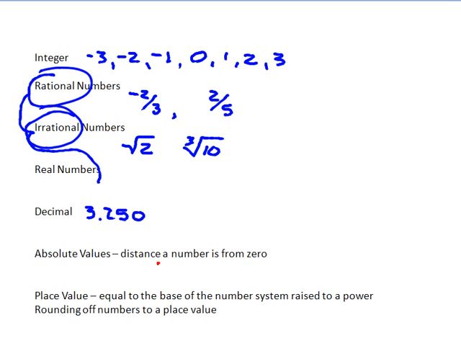Absolute values. This is distance from a number. The number is from 0. So we include these straight lines, which are the absolute value signs. And the absolute value is equal to the distance this number is from 0. So we essentially ignore the negative sign, and the value of this is 5.